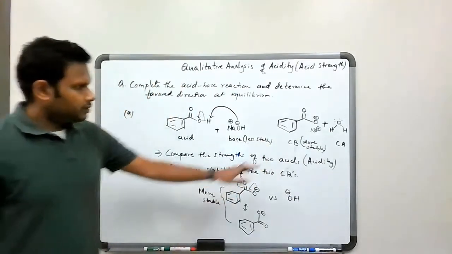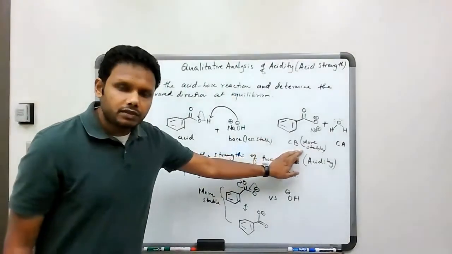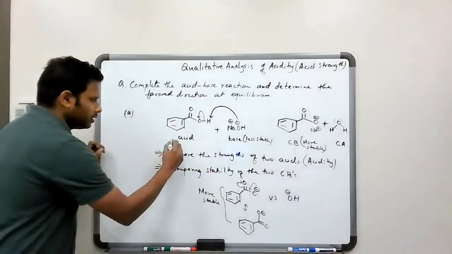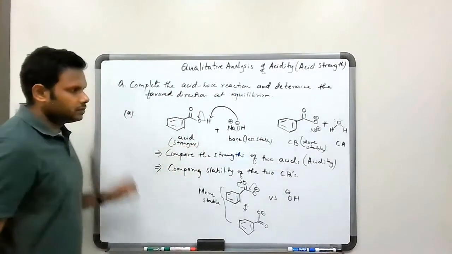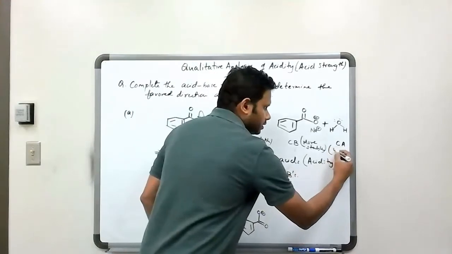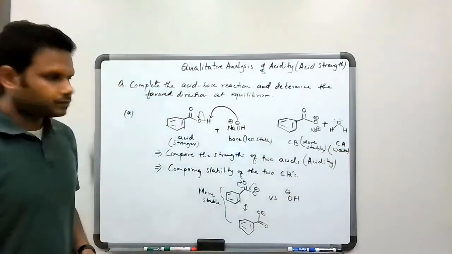Okay, now if this conjugate base is more stable, what that means is this acid here, its corresponding acid, must be the stronger acid. And since this is the less stable conjugate base, this acid here is the weaker acid.